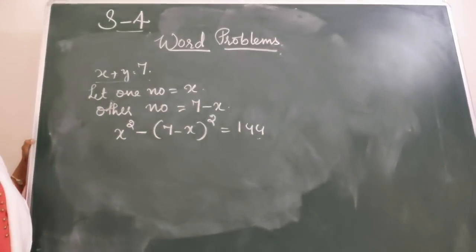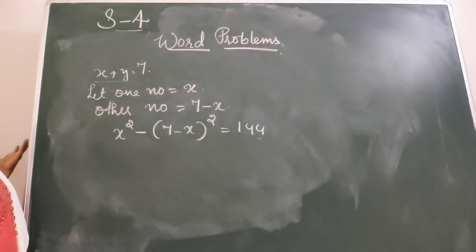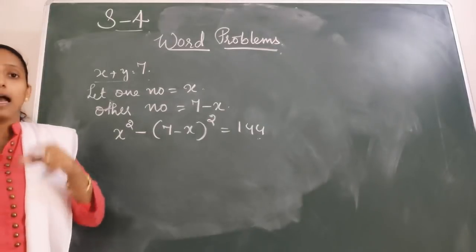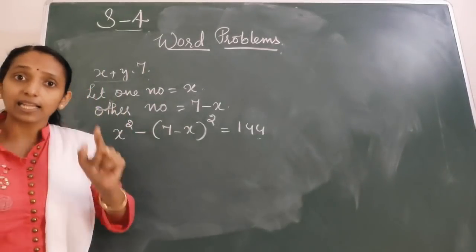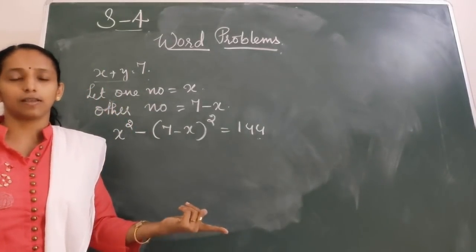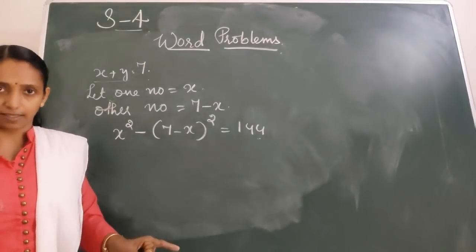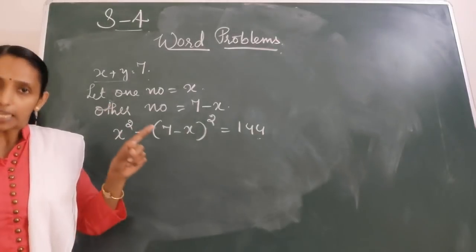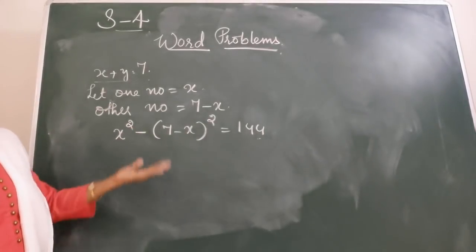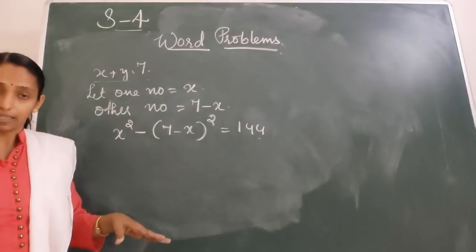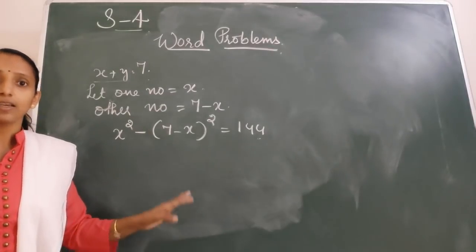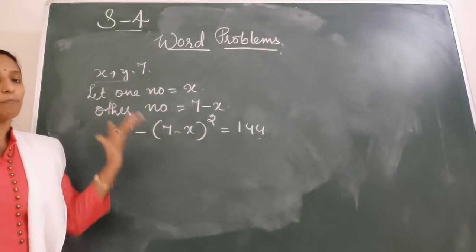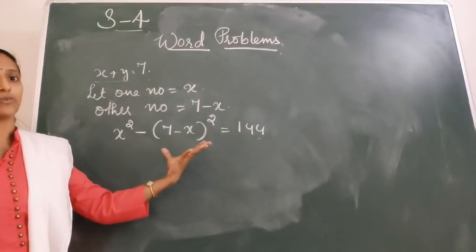If there are two unknown numbers given, one of the numbers you will take as x and the second number you will connect in terms of x. Then you will go for the second condition given in the question, make the relation, make an equation.